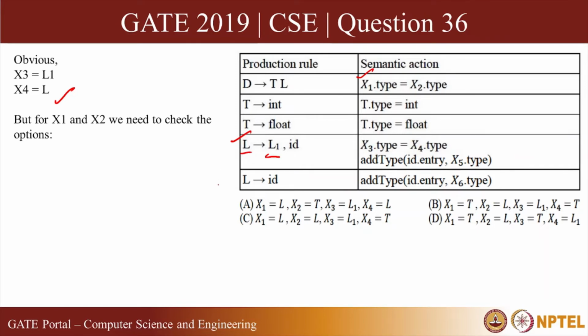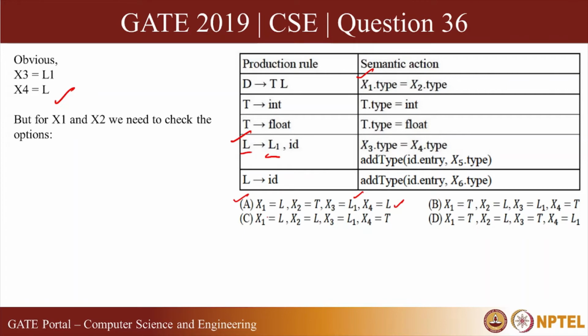For the first option, in x3 we have L1 and in x4 we have L, so these two are correct. Let's look into x1 and x2.